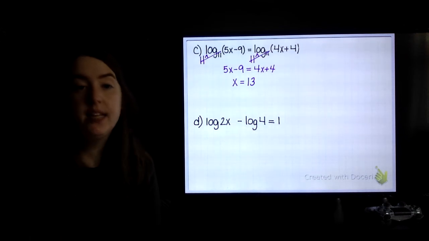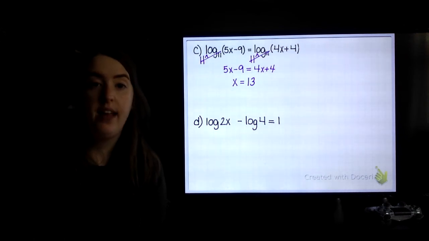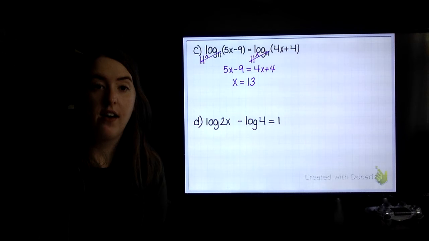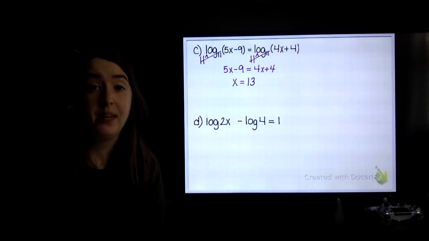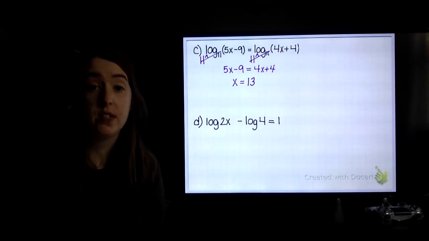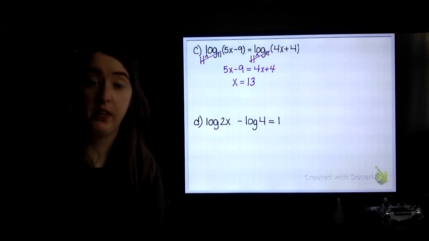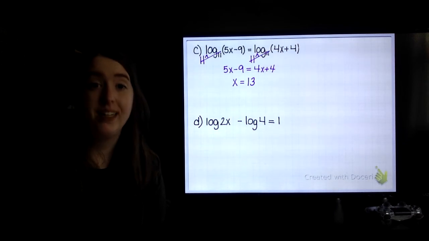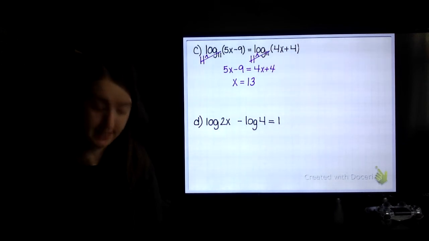So D is one of those examples of when expanding and condensing logs can make solving problems a little bit easier. So we have the log of 2x minus the log of 4 equals 1. So I'm going to go ahead and put those into one log to make my job a little bit easier. Since I'm subtracting those logs, I'm going to divide the stuff that they have on the inside.